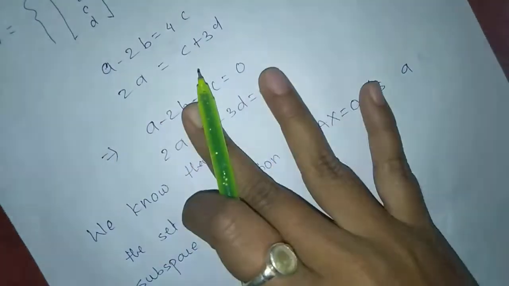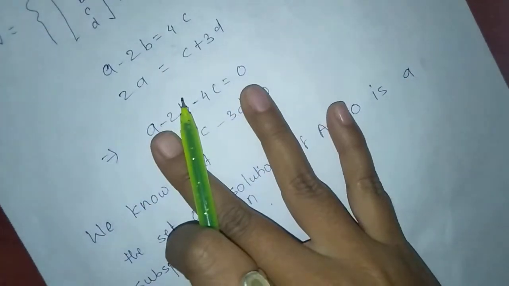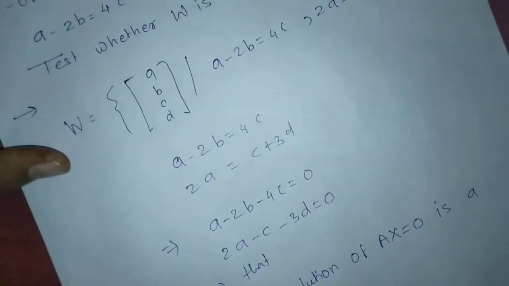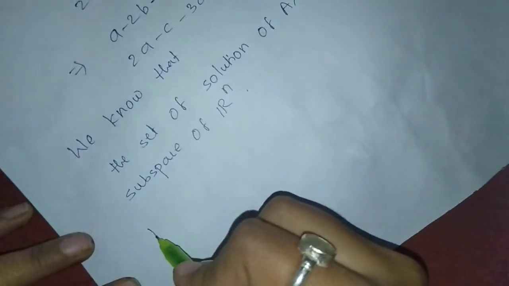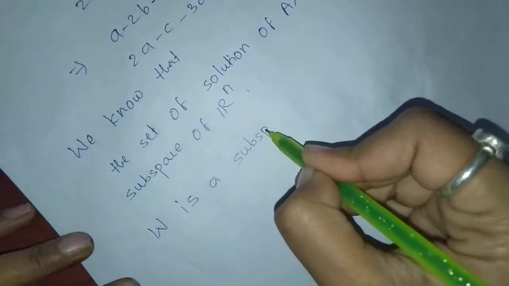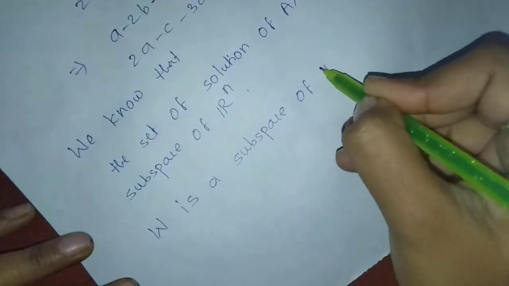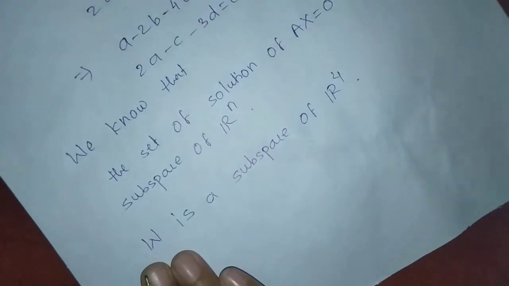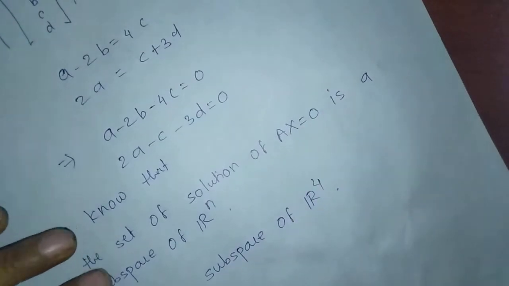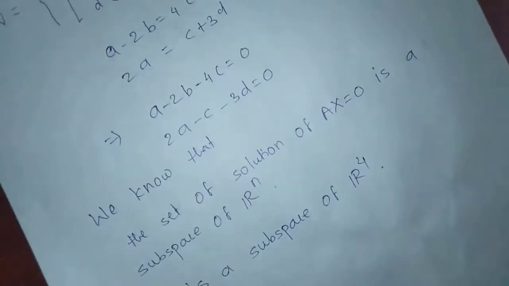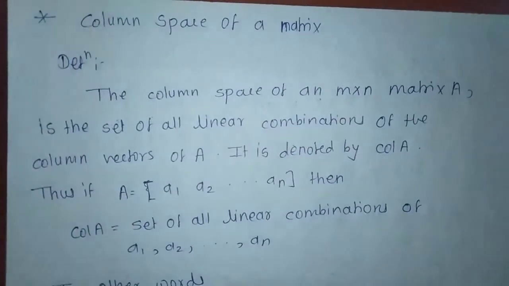This is nothing but the homogeneous system, and the solution set is nothing but the (a, b, c, d). So W is a subspace of R raised to 4, because W is in the form of A into x equals 0. That's why we can say that W is a subspace of R raised to 4.